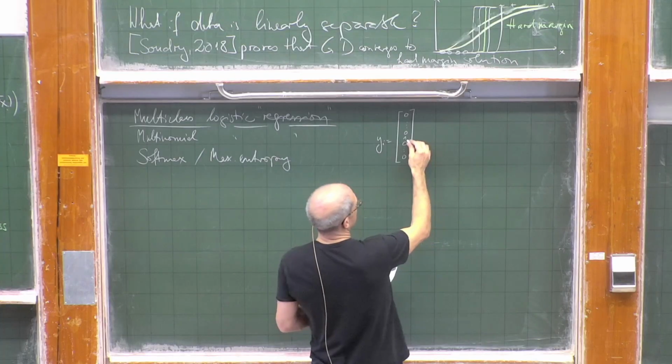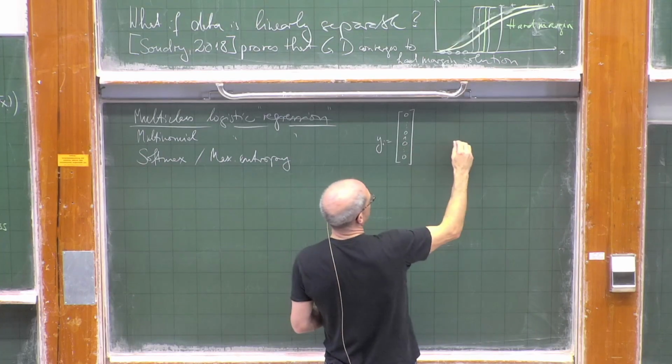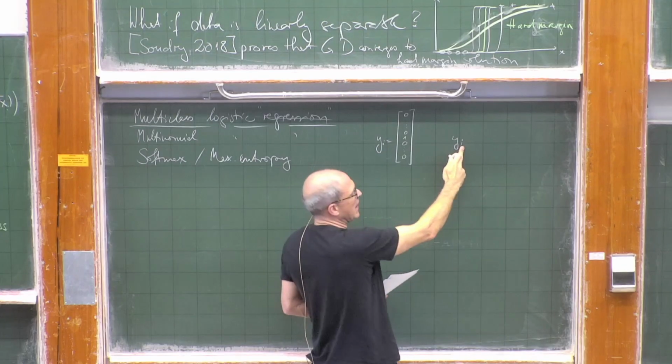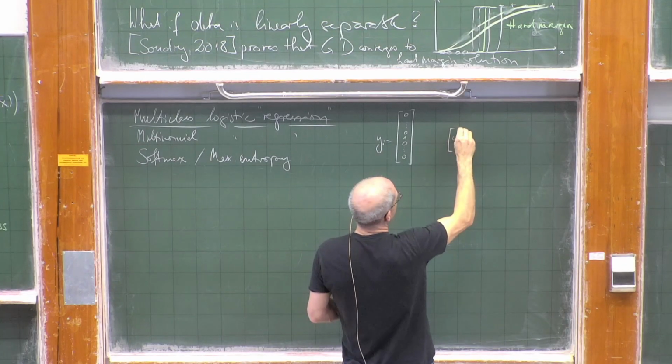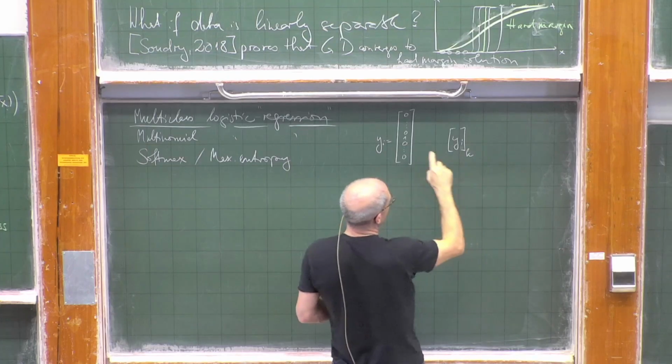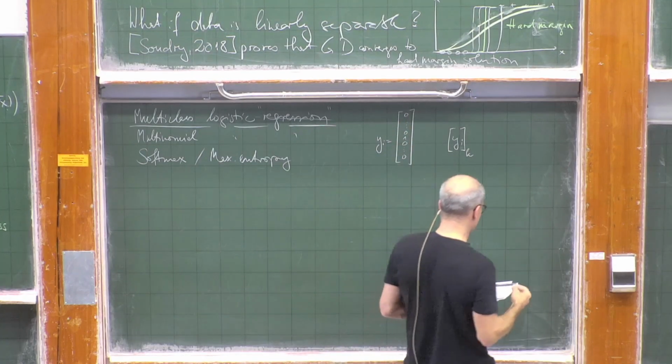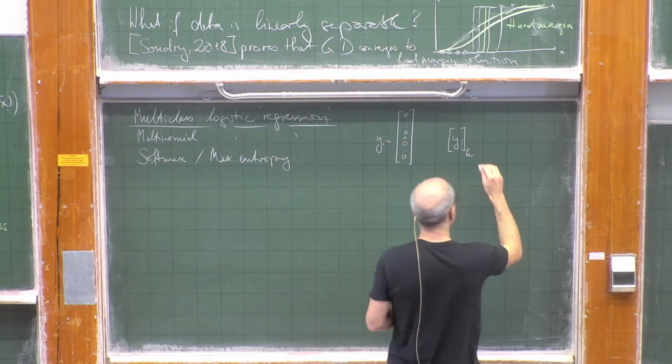This index i is for the training sample, it's my ith observation, and this index k is for which of the classes or which of the coefficients we're looking at.